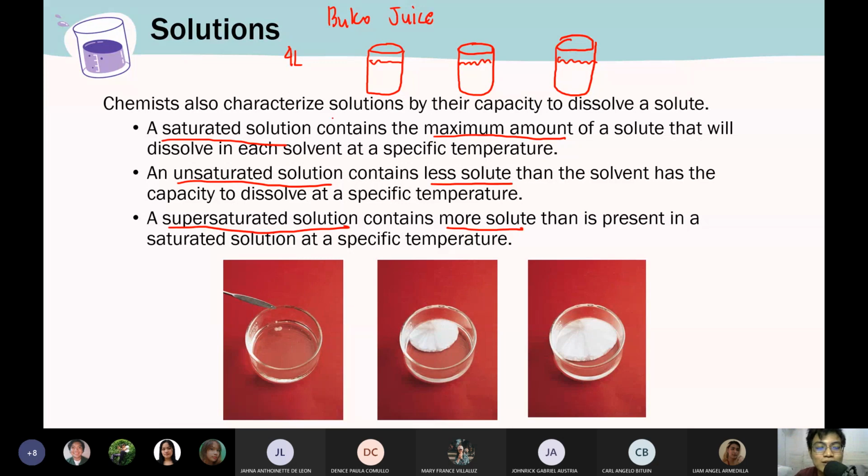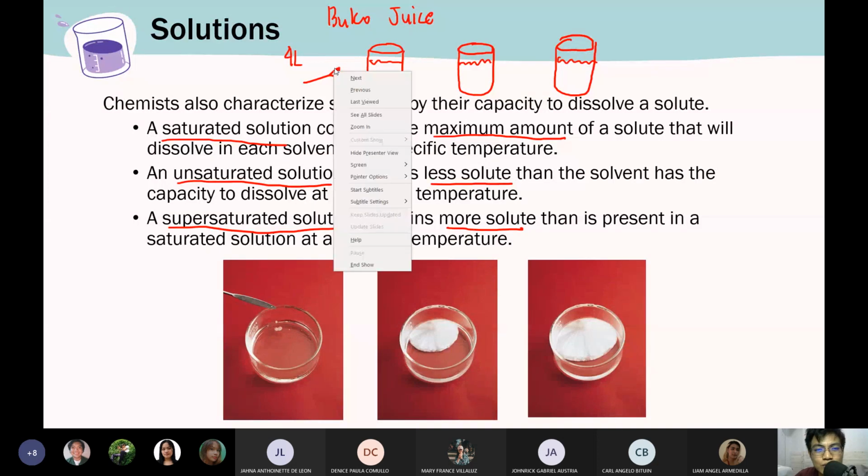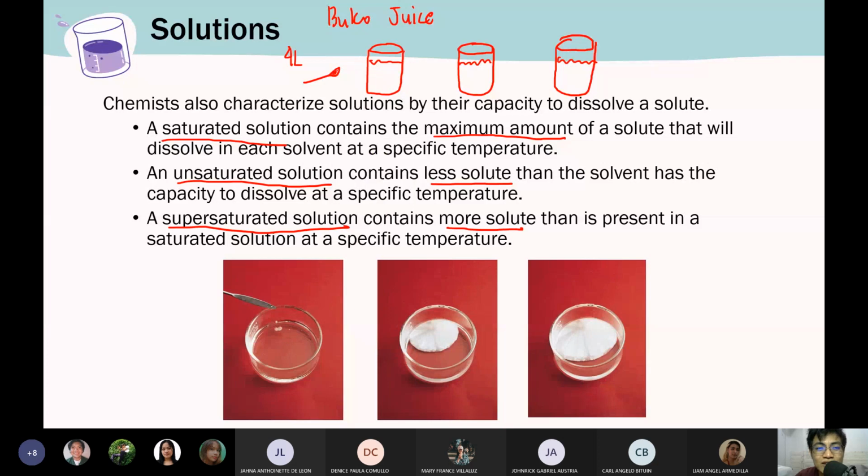Okay. So, yan. Doon ako bumibili minsan. So, kapag matabang, okay sa akin. Okay. Suppose you have 4 liters of buko juice and ilalagay mo lang is 1 teaspoon of sugar. Do you think matamis siya? Of course, hindi, di ba? Ang tabang niyan. Okay? So, 1 teaspoon lang nilagay ko.